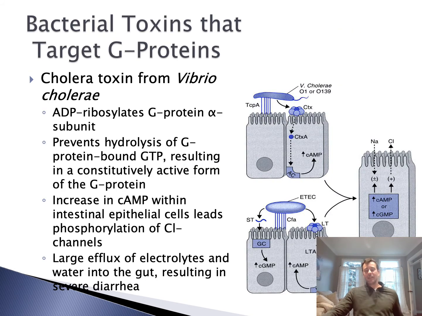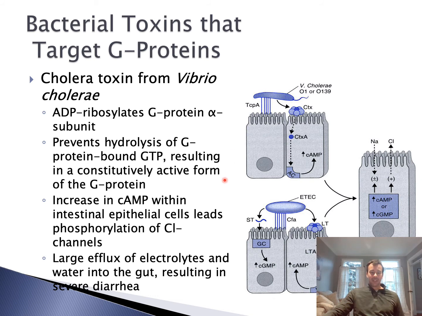Some pathogens have exploited this, and an example is shown here. Cholera toxin from Vibrio cholerae ADP ribosylates the G protein alpha subunit. This prevents the hydrolysis of the G protein bound GTP, essentially resulting in a constitutively active form of the G protein.